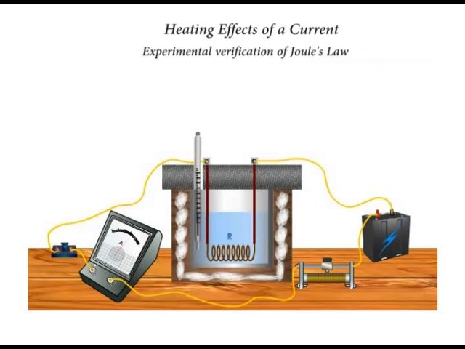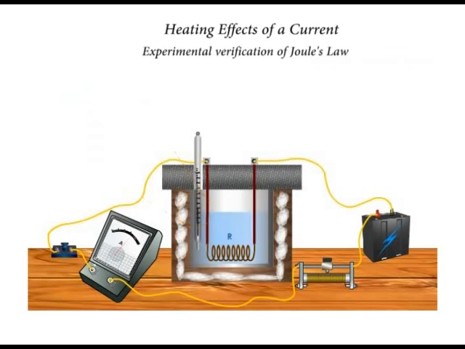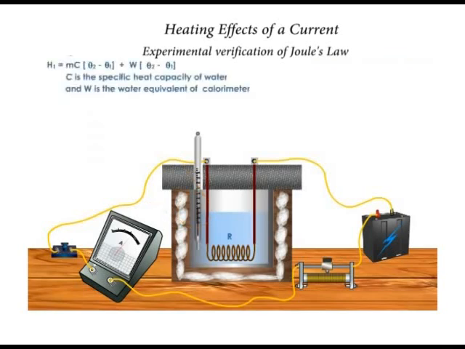Due to the flow of current, the temperature increased to θ2. He calculated H1, the heat gained by the calorimeter and water. He repeated the experiment for different values of current by adjusting the position of the slider of the rheostat and calculated the corresponding quantities of heat produced.